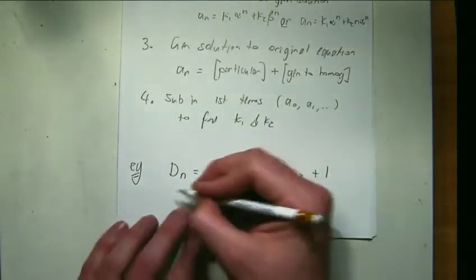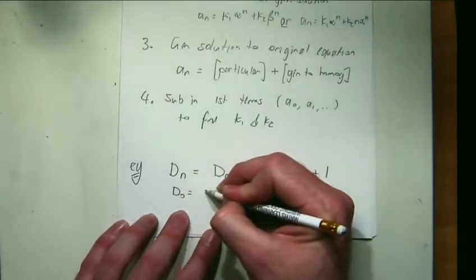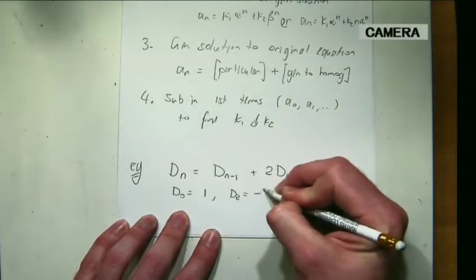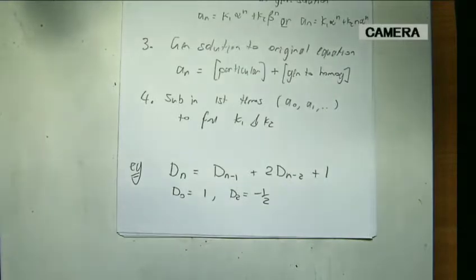We've got that D0 is 1 and D2 is minus a half. So this is just some random recurrence relation, and we just check, is it linear? Yes. Everything's just multiplied by constants and added together. Is it second order?